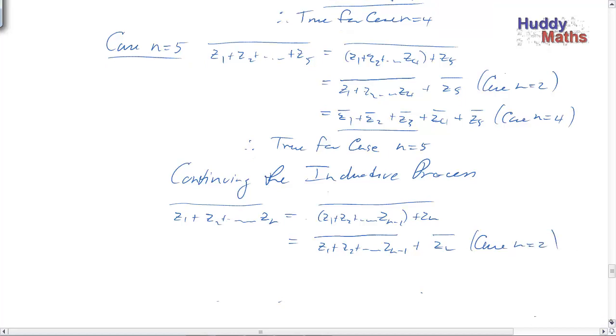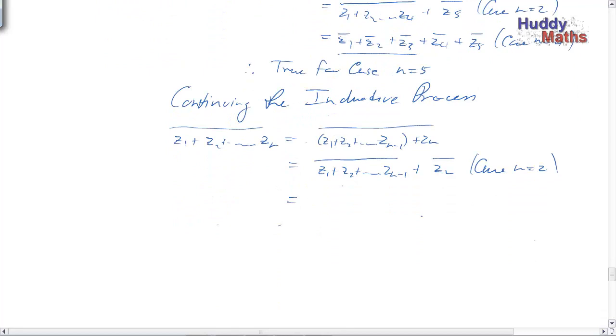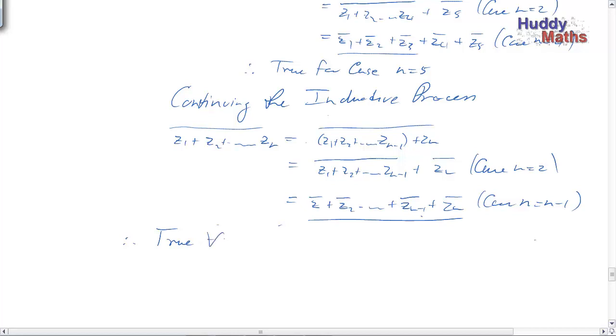I'll just come down here a bit. And then this one is the previous one plus this one, and using case n equals n take 1. Okay, therefore we would say therefore true for all n greater than or equal to 2 by the process of mathematical induction. That ties the whole thing up.